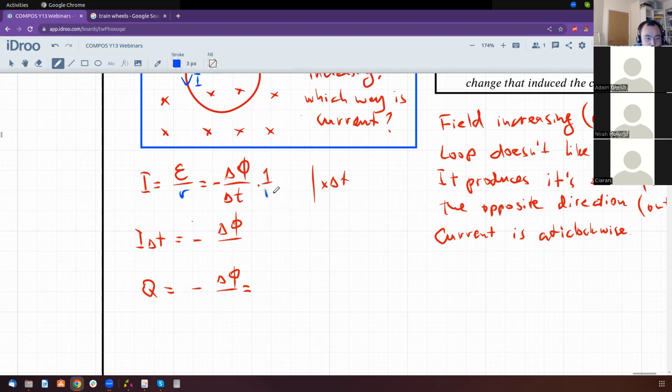And that's equal to minus change of phi, so it's B times area, which is pi r squared, over R. Okay, so that's the charge.